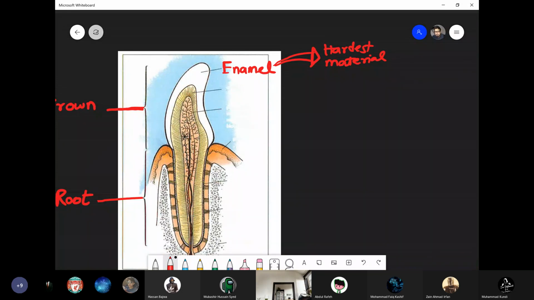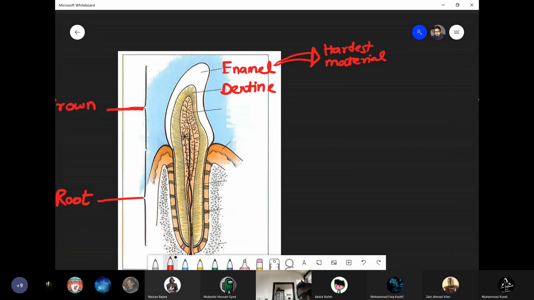This enamel protects the teeth. Then below enamel is called dentine. Now, dentine is the bony part of the teeth.